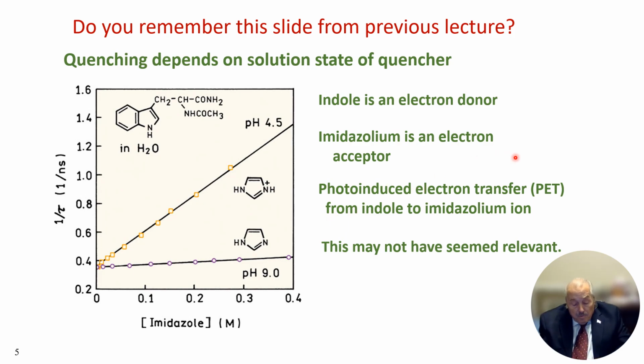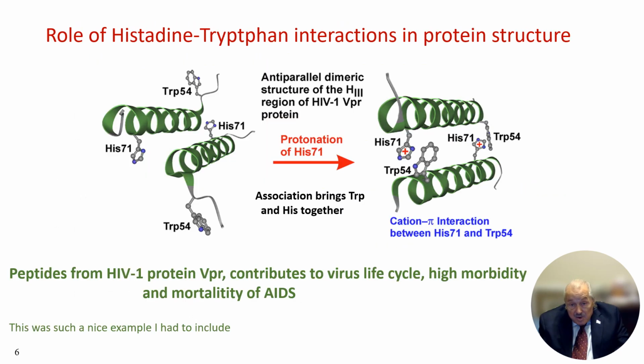This might seem far removed from many proteins, but I stumbled on what I thought was a beautiful example of where these types of interactions played a role in the protein structure itself. These are peptides from an HIV protein called VPR, which contributes to the virus life cycle and the high morbidity and mortality of AIDS.